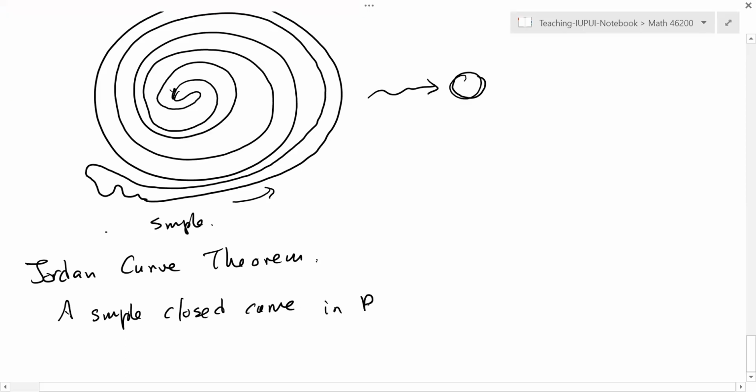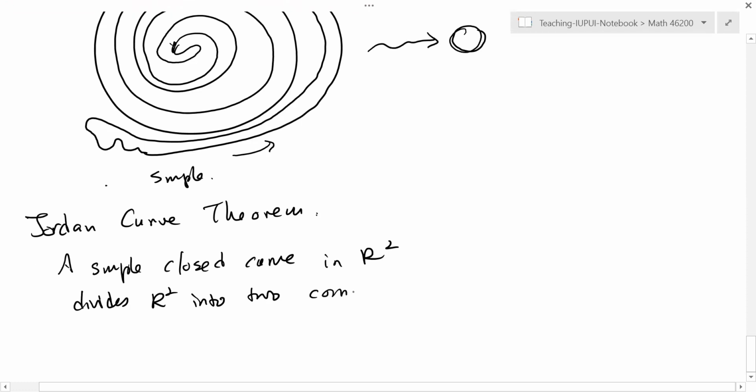Right? There are two, always divide R2 into two connected regions, two separate connected regions.